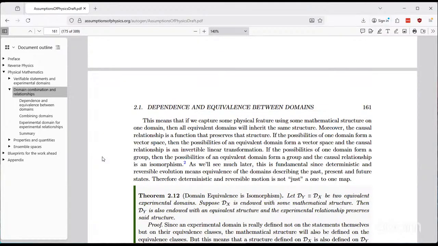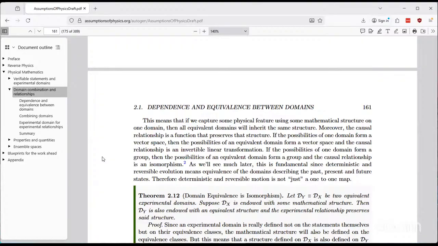This means that if we capture some physical feature using some mathematical structure in one domain, then all equivalent domains will inherit the same structure. Moreover, the causal relationship is a function that preserves that structure. If the possibilities of one domain form a vector space, then the possibilities of an equivalent domain form a vector space, and the causal relationship is an invertible linear transformation.